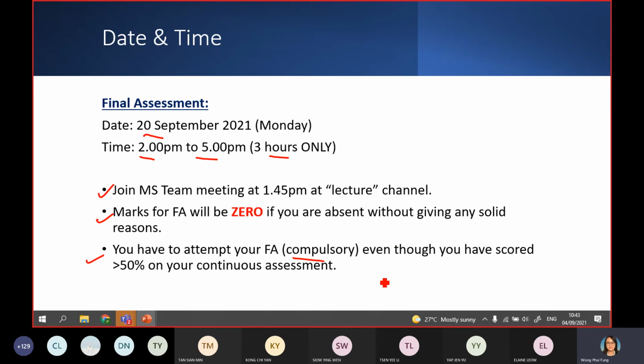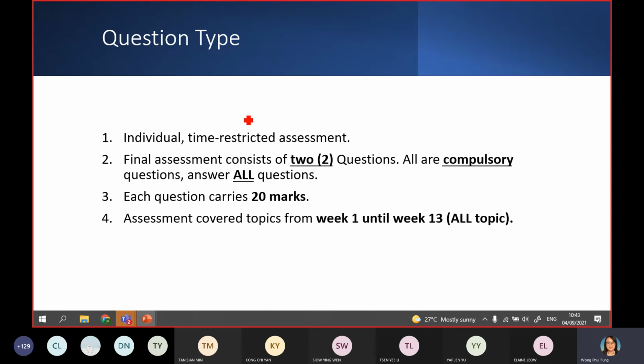Even if you score more than 50% and already pass, you still need to go for the FA to complete the course. If you didn't go for it, you are still considered to have failed. All right, so the FA is an individual time-restricted assessment.